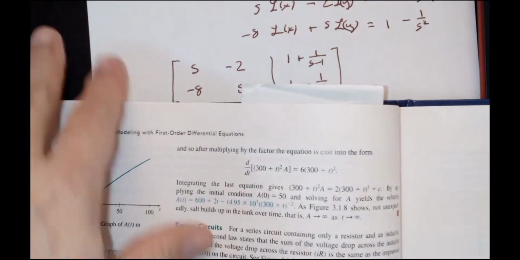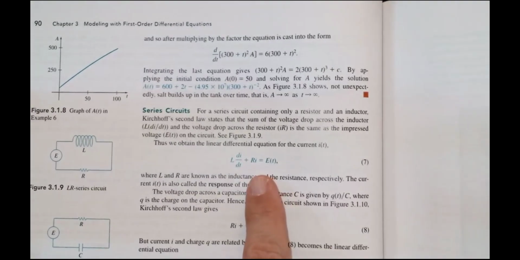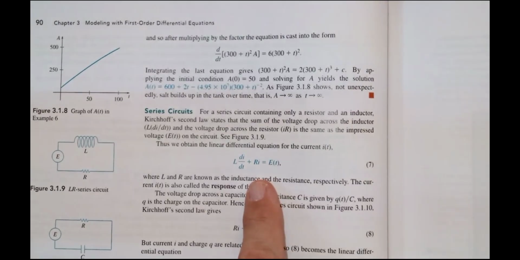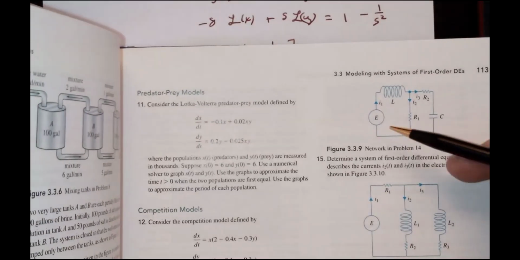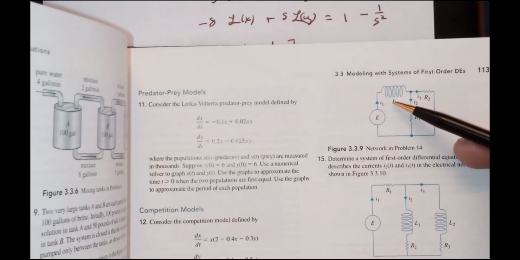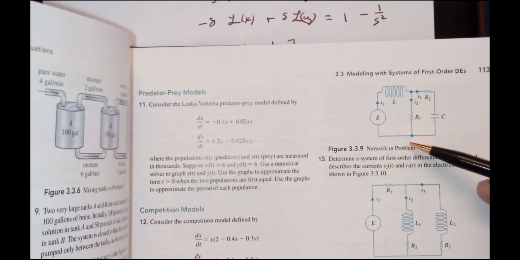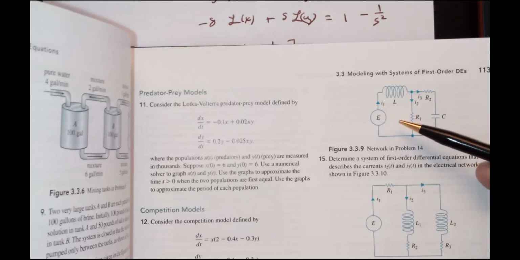So I flip back to 3.1, where we did circuits, and I have this rule about resistors and loads. And so I'm going to say that this is my resistor load equation for 1. And I look back at this picture and I say to myself, the current that goes through the load is I1, but the current that goes through the resistor is I2. And then we get back to the electromotive force.